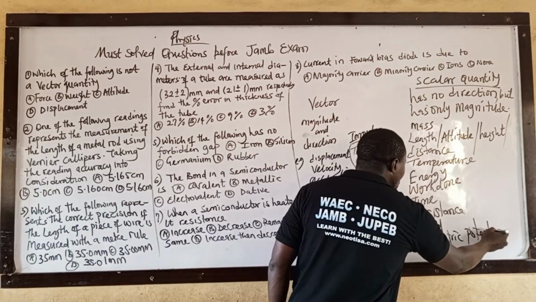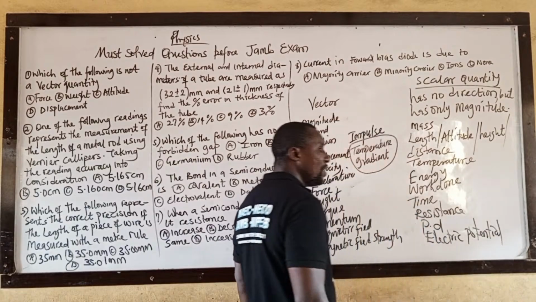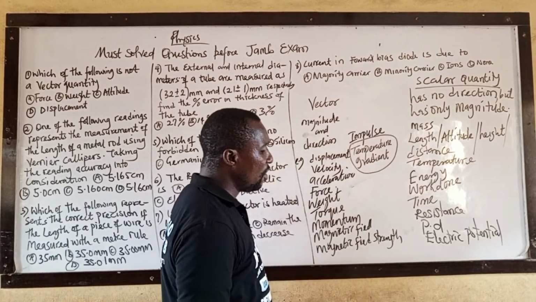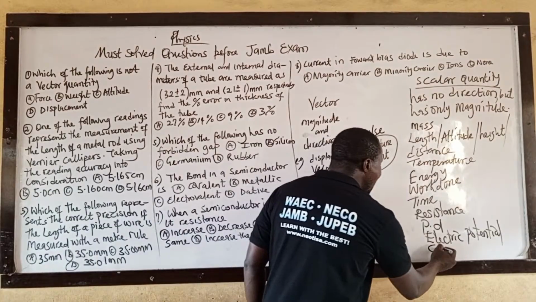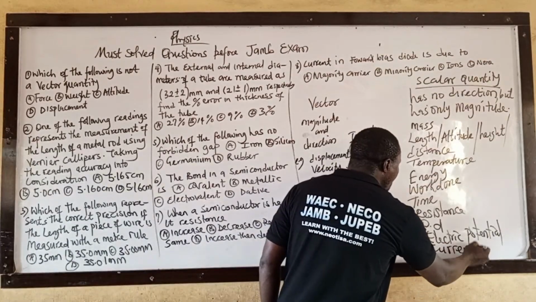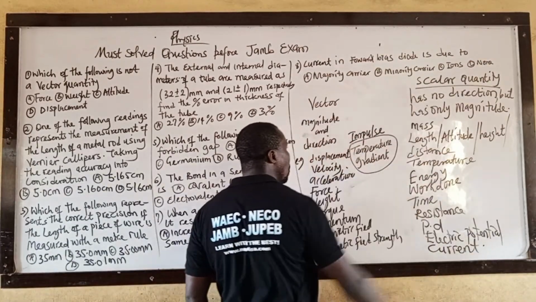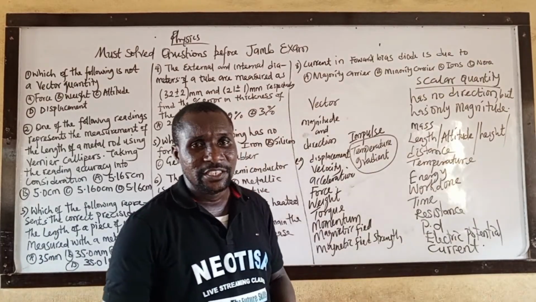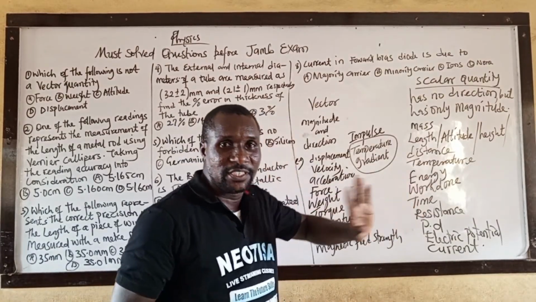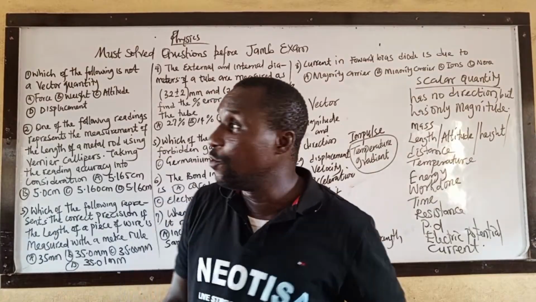We have current. All these are scalar. Jamb cannot go beyond this example. Take note.